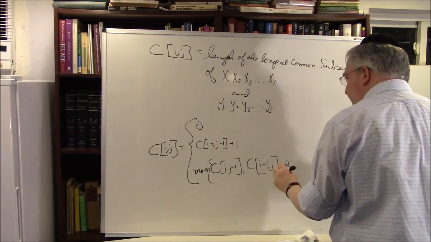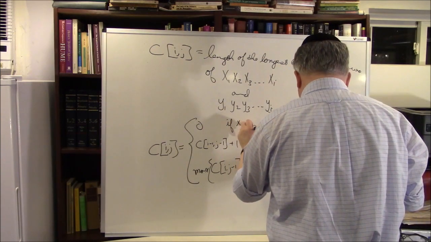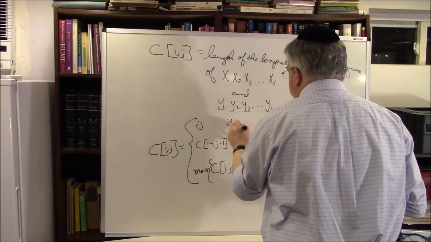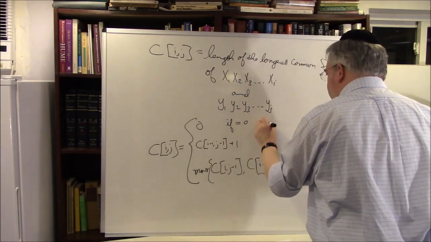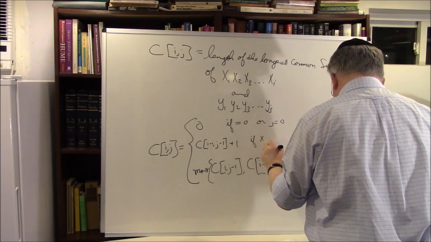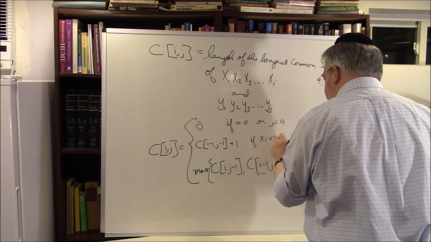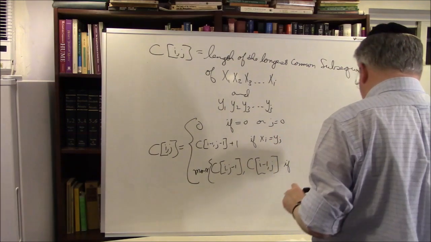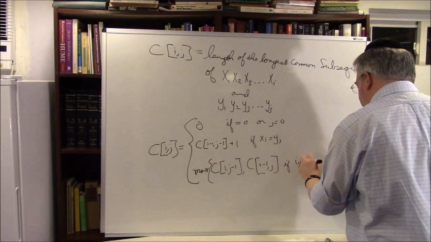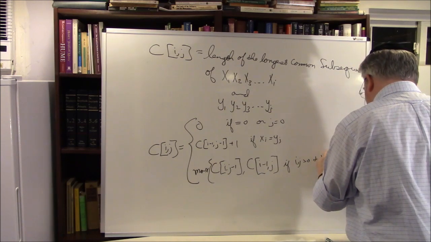So the cases are: 0 if i equals 0 or j equals 0; C[i-1,j-1] plus 1 if i, j greater than 0 and x_i equals y_j; and the maximum of C[i,j-1] and C[i-1,j] if i, j greater than 0 and x_i is not equal to y_j.